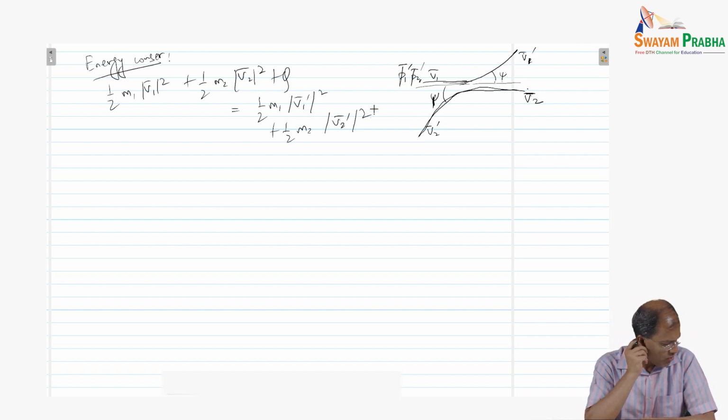And now we see that v1, v2 are the initial velocities and v1 prime, v2 prime are the final velocities.